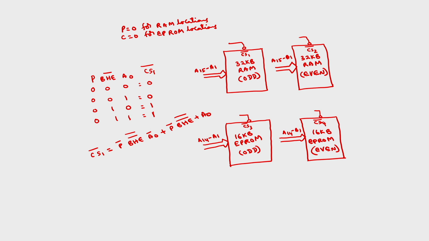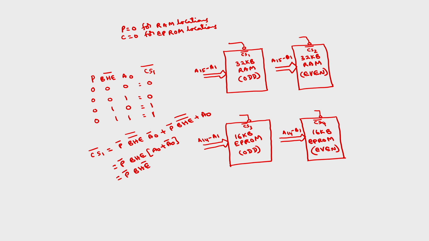Here this A0 is 1 in one case and 0 in the other case. If I take P bar and BHE double bar, of course BHE double bar becomes BHE. If I take this as a common factor, you will get A0 plus A0 bar. This is equal to simply P bar BHE bar.